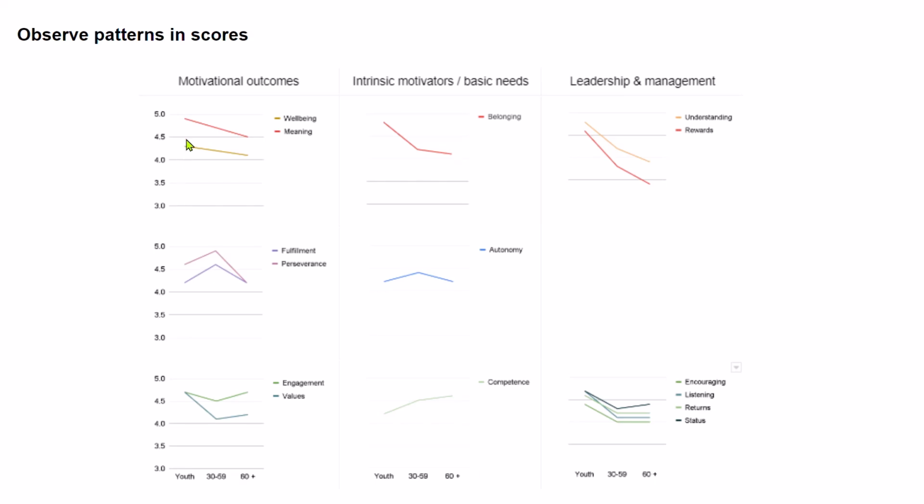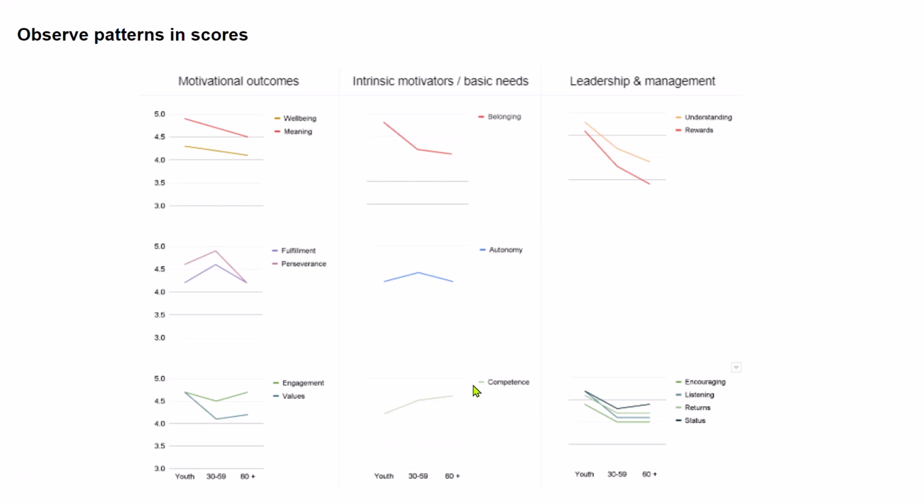And so what do I see? I see that for some, for well-being, meaning, and belonging, understanding, rewards, it goes down with age. For some, you seem to have a peak. And then for these, the older ones seem to do better than the younger ones, or at the same level as the youth, with this exception here.